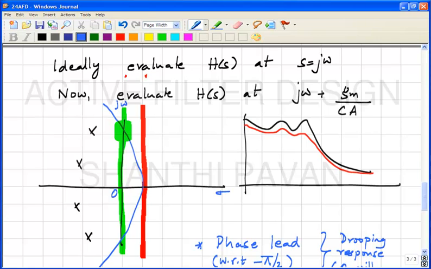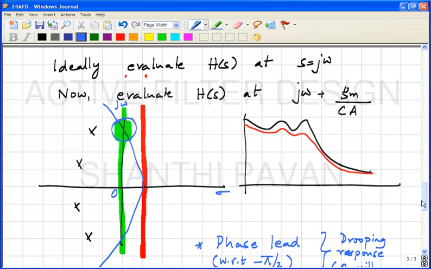And you can see that at some frequency you will get the same response as the ideal. So by properly choosing the gain and the parasitic pole, you'll be able to bring this intersection to around the passband edge, in which case you will get the ideal response at the passband edge. But as I just told you, it's not a robust technique.